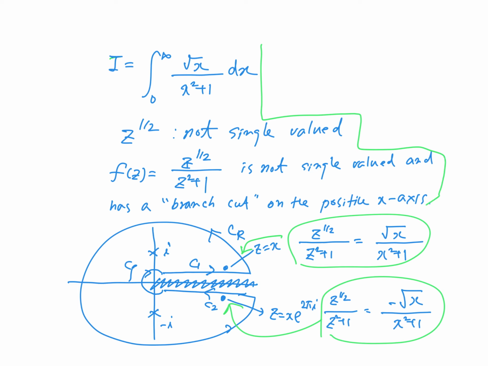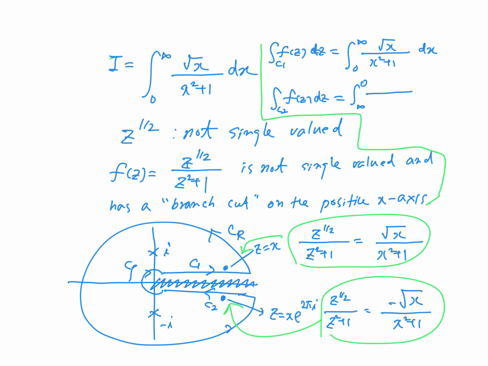So as a result, on C1 it is from 0 to infinity, x squared plus 1, root x dx. On the other hand, C2 is what? C2 is coming from infinity to 0, right? Infinity to 0, x squared plus 1, but we have minus root x dx because of the branch.